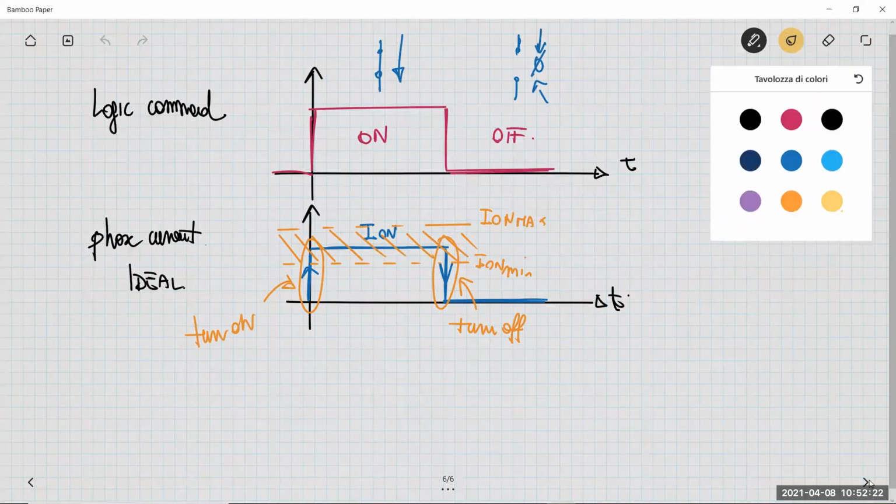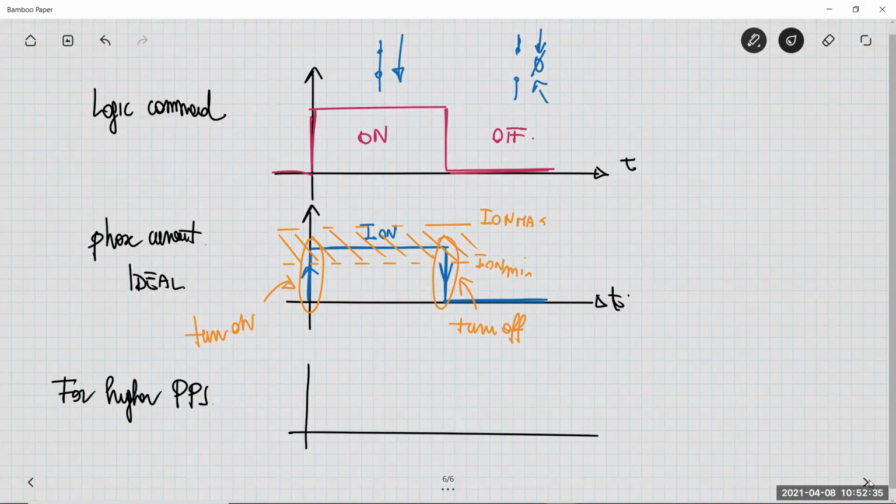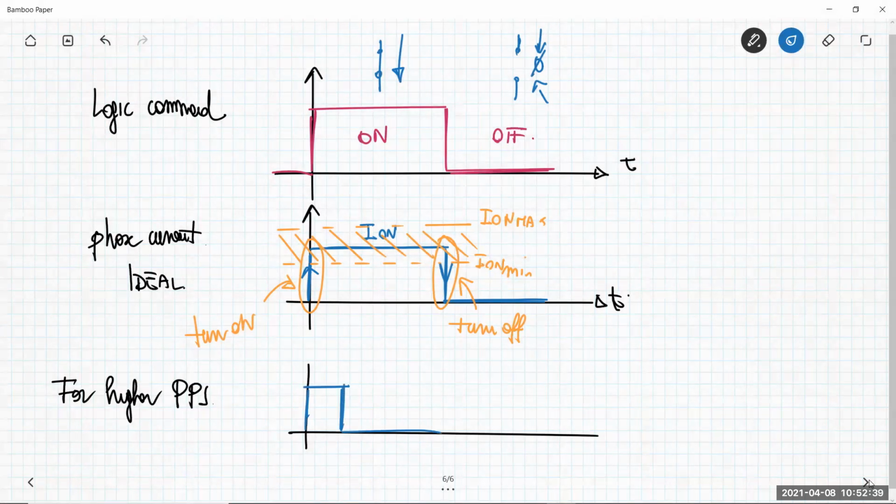But for higher pulses per second provided at the input, this pulse becomes very narrow, like for example here.